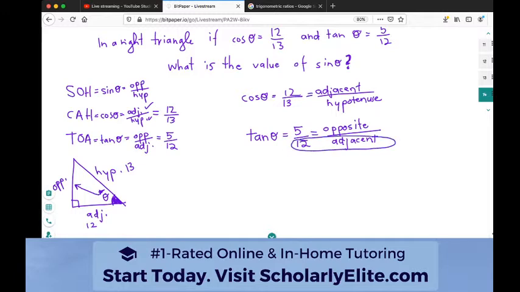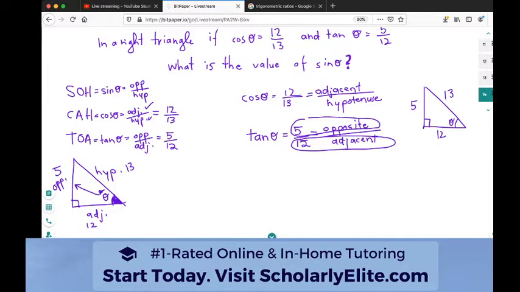So now all that's left is to solve for opposite, which is 5. That means that we've got all 3 side lengths of this triangle down pat. We know that this is 13, we know that this is 5, and this is 12, because that's how they relate to the theta that we're solving for, to the angle that we're solving for.